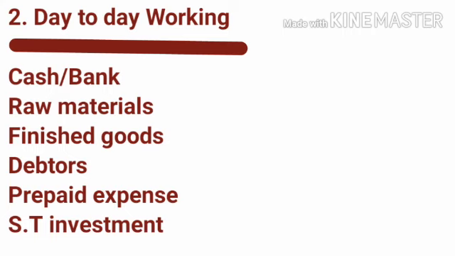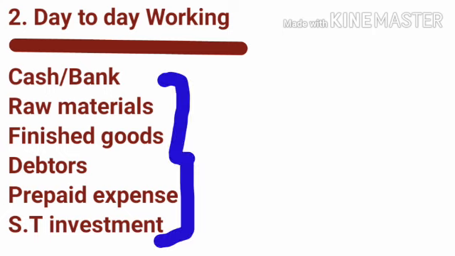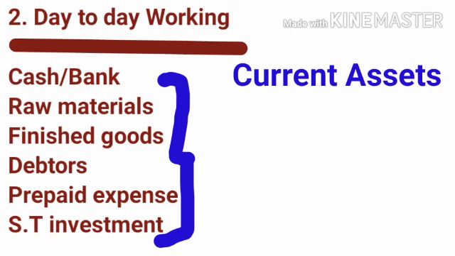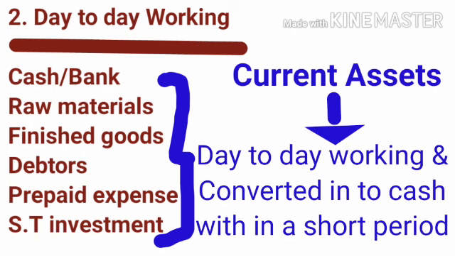Day-to-day working comprises of cash or bank balance, liquid cash, then raw materials, then finished goods, then the debtors, during credit sales debtors will arise, and prepaid expenses will be there and short-term investments are necessary. These are current assets because these are assets for the day-to-day working, very important, day-to-day working, and these assets can be converted into cash within a short period.